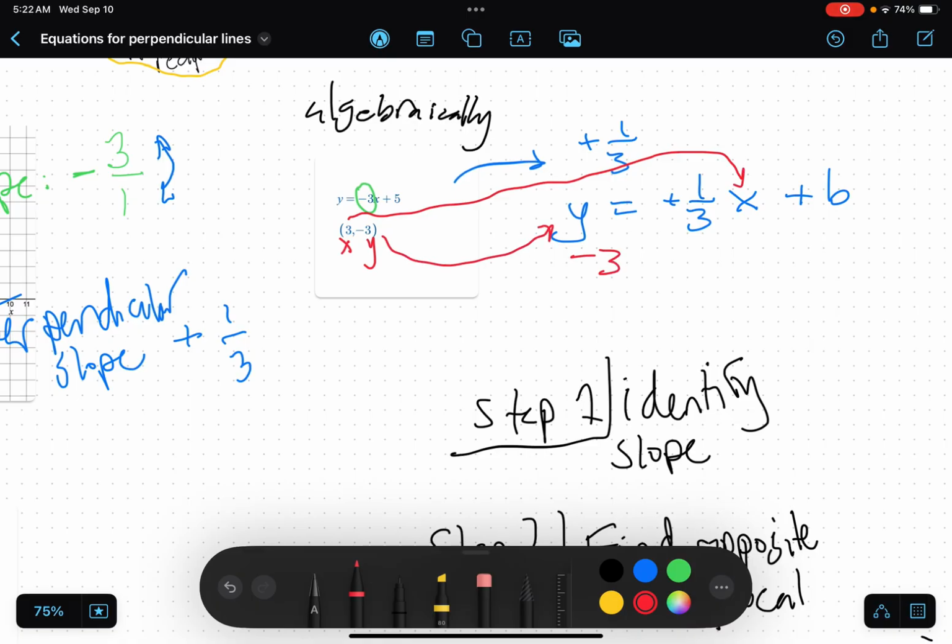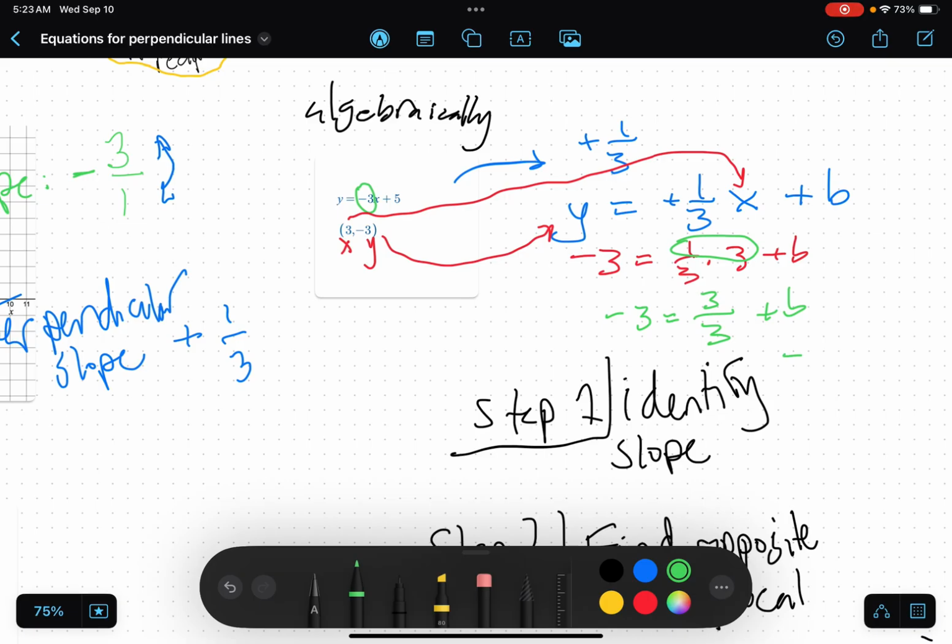So -3 equals 1/3 times 3 plus b. This is where you have to be really careful, because if you type it into your calculator, you're going to get a really weird decimal, and it's not going to help you solve the problem. So to do this multiplication, we multiply 1 times 3 and then divide that result by 3, because 3 times 1 is 3 and the denominator is 3.